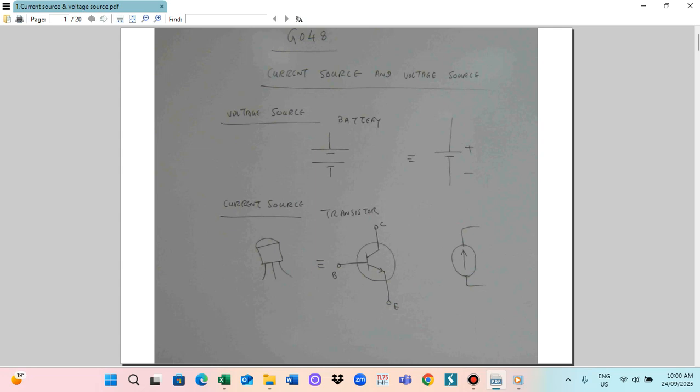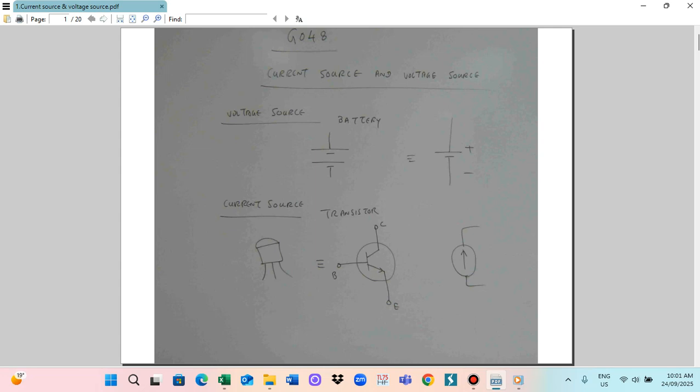So base, emitter and the collector. Transistor you can see has a pin like this, the 3 pin. So we can draw a diagram that will be like this. So this will be base, collector and the emitter. So this is a transistor.